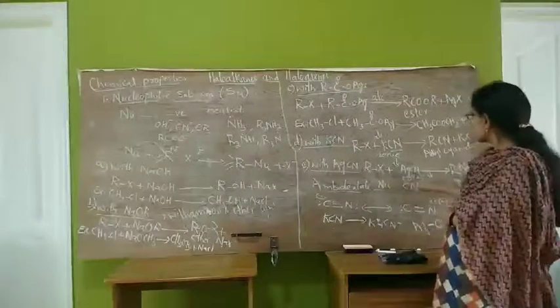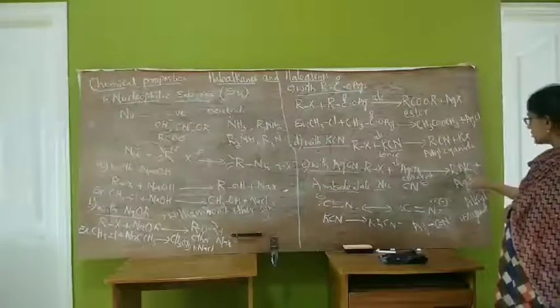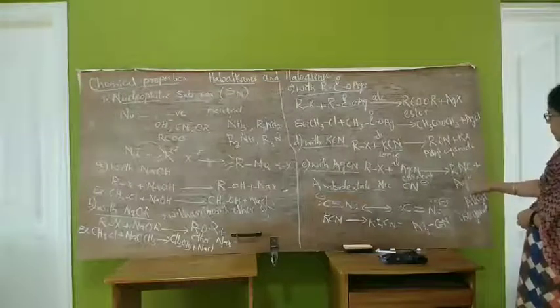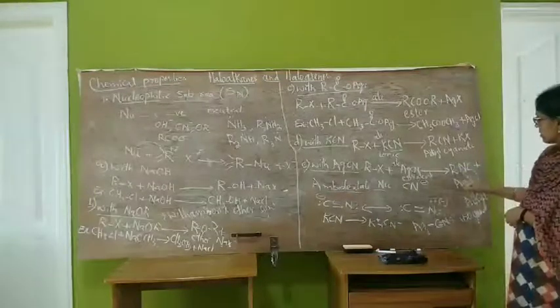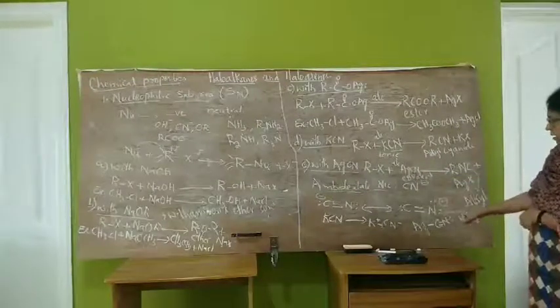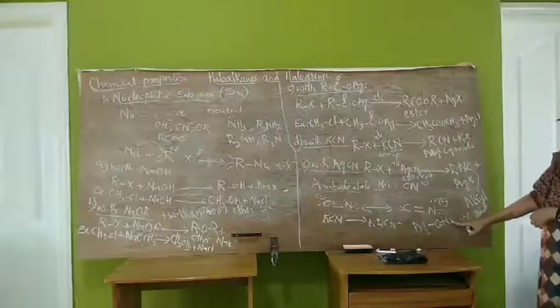Whereas in case of silver cyanide, the product is alkyl isocyanide because silver cyanide is covalent in nature. It does not ionize to form ions.